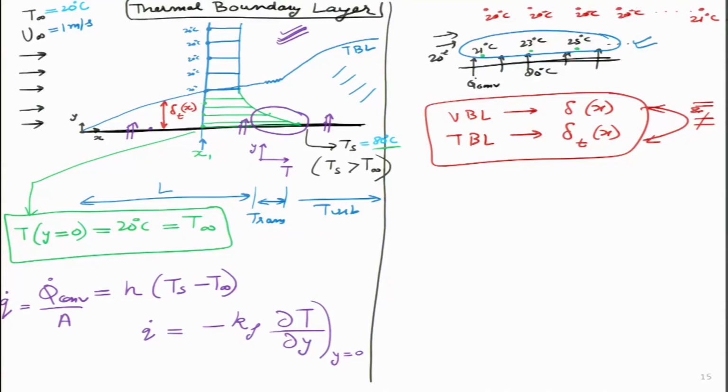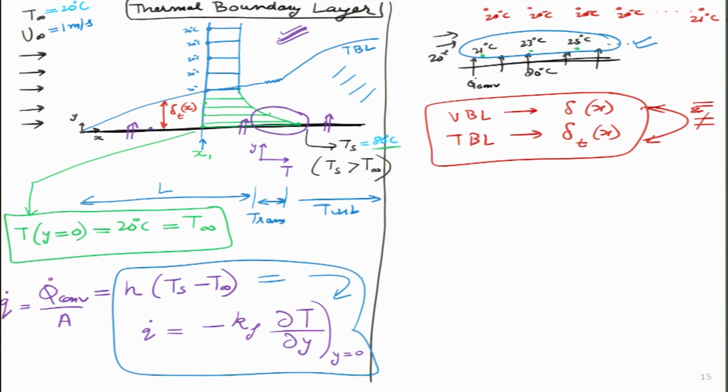Now, what I can do is equate both of them. If I put an equal sign over here and equate the top equation with the bottom equation, I can calculate the value of h, because I can take h on the left hand side, and what will I get on the right hand side? The first thing I will get is all this, the conduction.